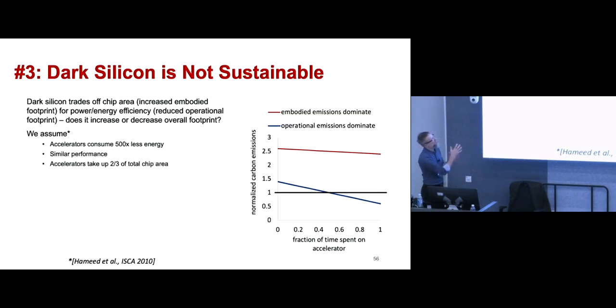Based on the exact same assumptions from the last slide, if we assume that the accelerators take up two-thirds of the total chip area, and the embodied emissions are dominating, the total carbon emissions would be way higher compared to no dark silicon. And if the operational emissions would dominate, we would need to use the accelerators for more than half the time, which is completely impossible in the era of dark silicon.